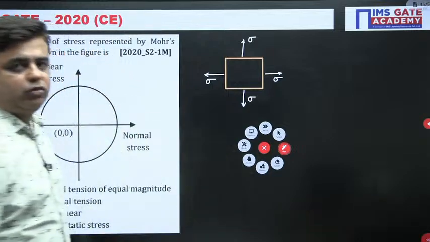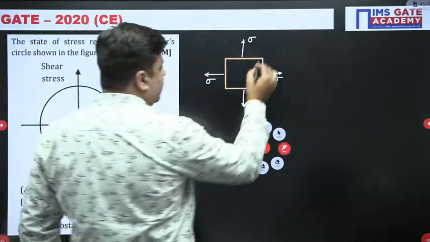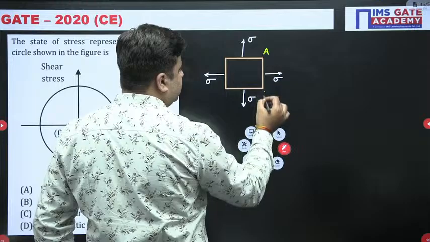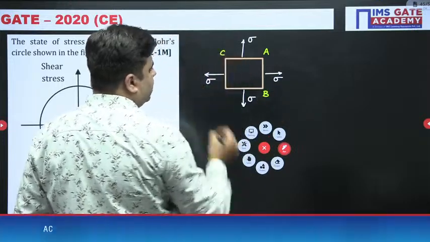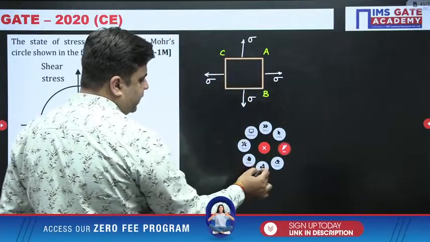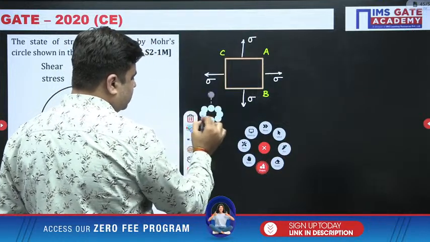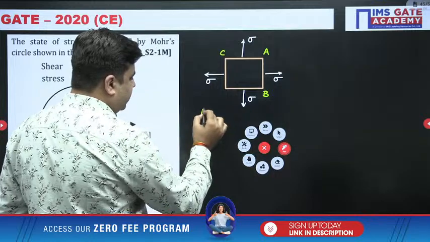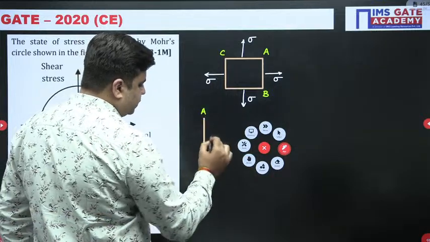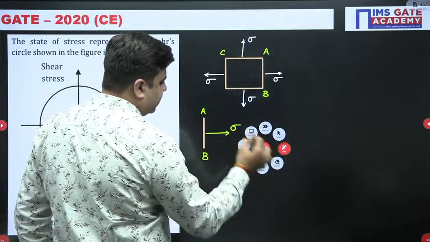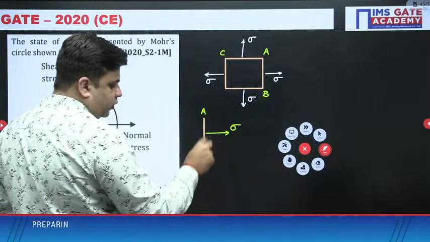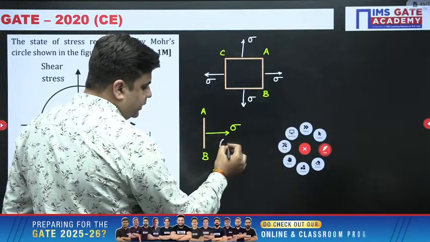For this, you need to draw the Mohr circle. What I told you, whenever you need to draw the Mohr circle, just consider two planes which are mutually perpendicular to each other. If you consider plane AB, what will be its coordinates? Over this plane AB, only normal stress sigma is acting. So the coordinates for plotting this point AB will be sigma, 0.